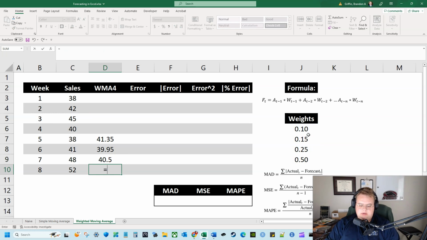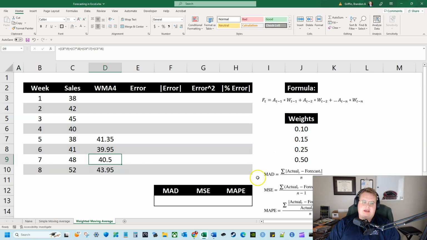And lastly, let's do 48 multiplied by 0.5, add that to 41 multiplied by 0.25, add that to 38 multiplied by 0.15, and then 40 multiplied by 0.1. So that gives me a forecast of 43.95. So each one of these weighted moving average forecasts is a sum of the prior 4 weeks, but they have different weights to them as dictated right here.